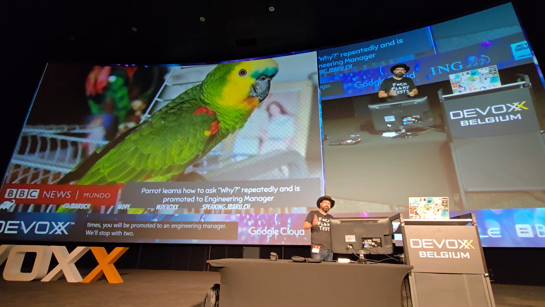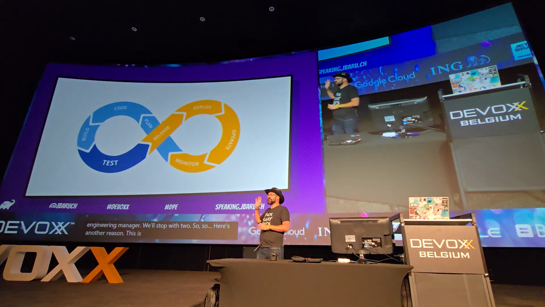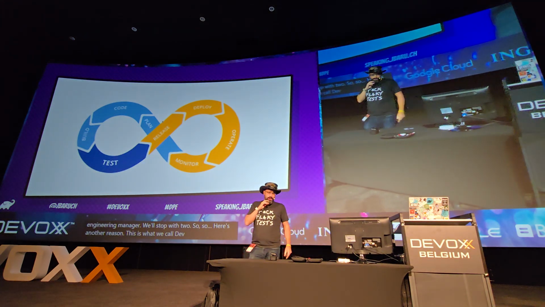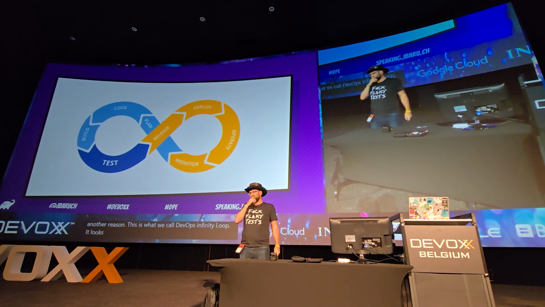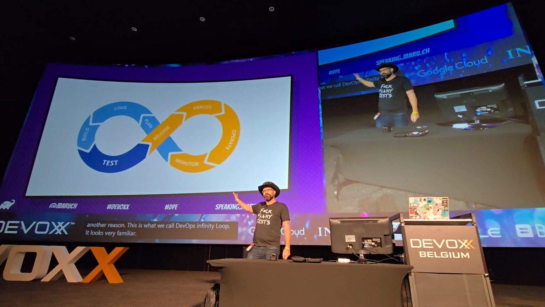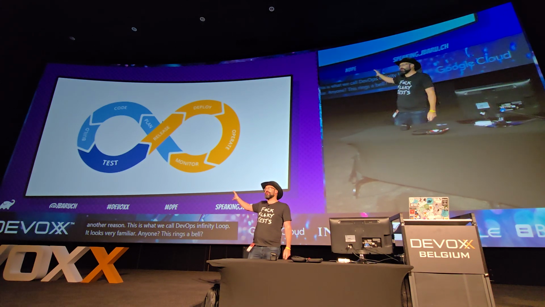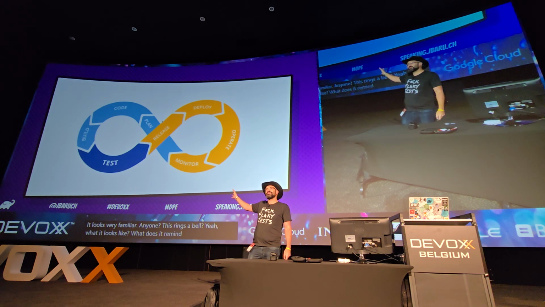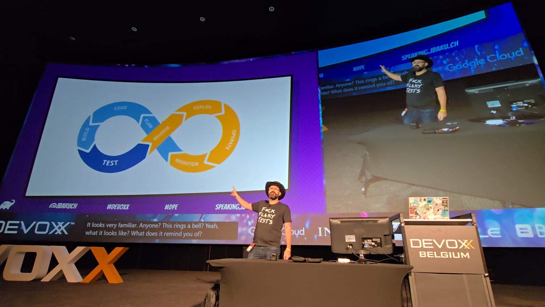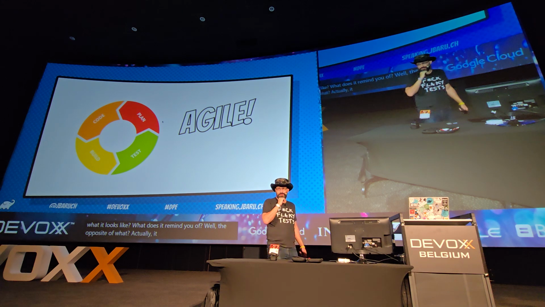So here's another reason. This is what we call the DevOps infinity loop. It looks very familiar. Anyone? Does this ring a bell? Yeah, what does it remind you of? Waterfall model. Well, the opposite of the waterfall model. Actually, it looks exactly like the agile circle, right?